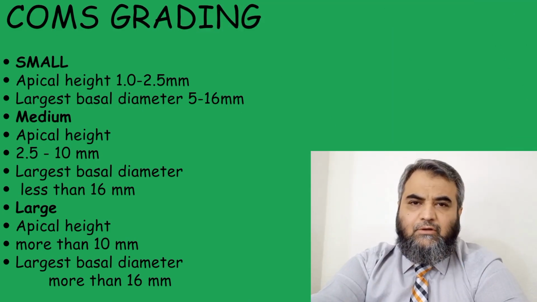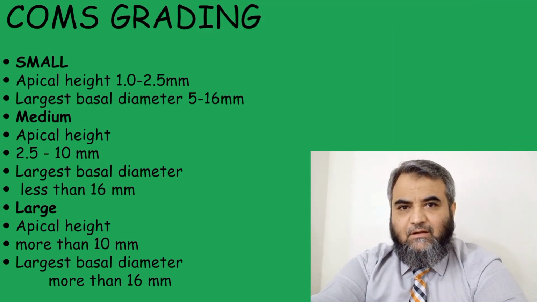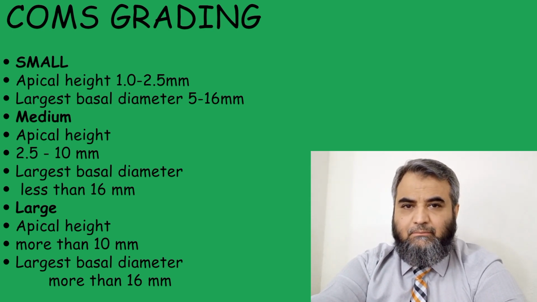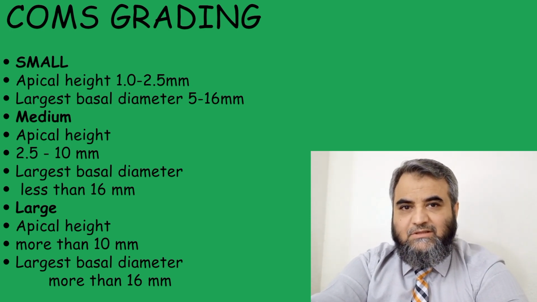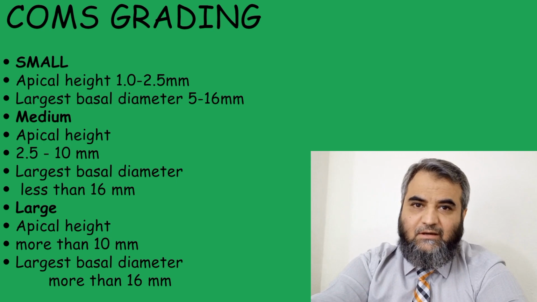The Collaborative Ocular Melanoma Study has some very important distinguishing features in which they have classified tumors into small, medium, and large size. They kept two things in view: the apical height and the basal diameter.